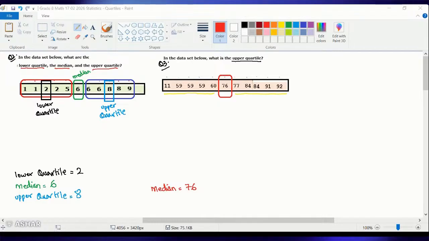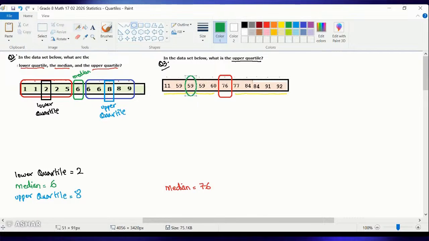What about the lower quartile and the upper quartile? If we need to find the lower or the upper quartile, what we can do is, if we have 5 values on the left hand side, which value is the middlemost value?